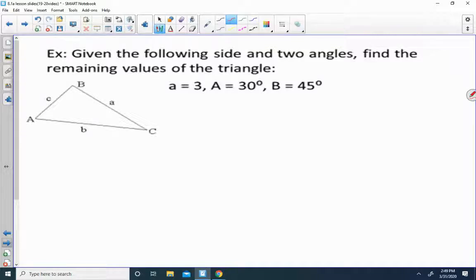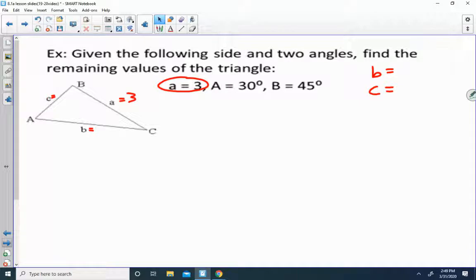Right now, we have little a, and little a is going to be the side of 3. We do not have the other 2 sides, little b and little c. So let's just say off the side, we need to find what little b and little c is. We are also given 2 angles, big A and big B.